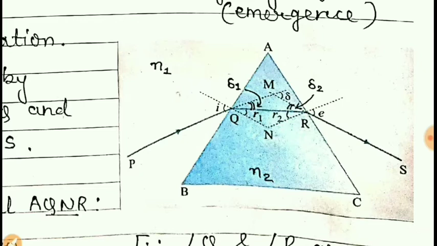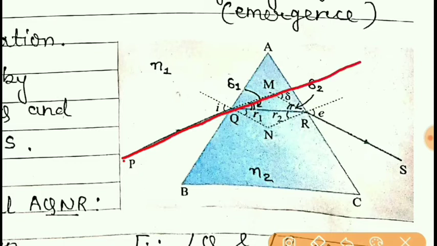Students, carefully look here. Actually the ray which was incident has to move in this straight line, and this emergent ray is this. So actually this incident ray has to move in this direction, but it emerges out of the prism in this direction.